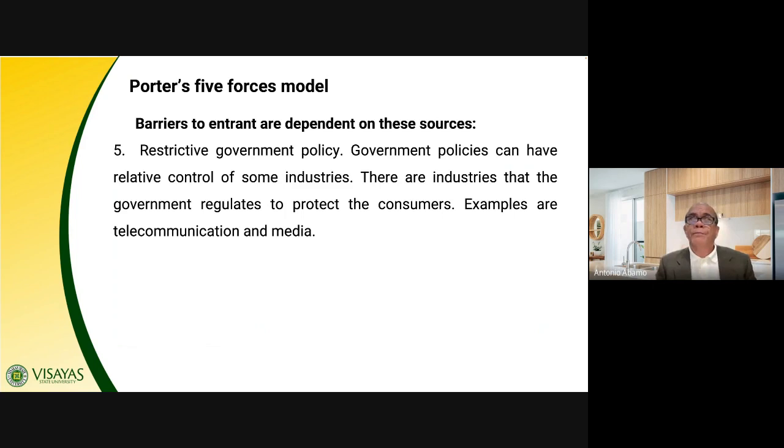Not only that, there are industries regulated by the government. The government will not allow a particular industry to have so many players, because before we know it, all these players will go bankrupt at the same time, as the presence of the players has exceeded the measured capacity of that industry.